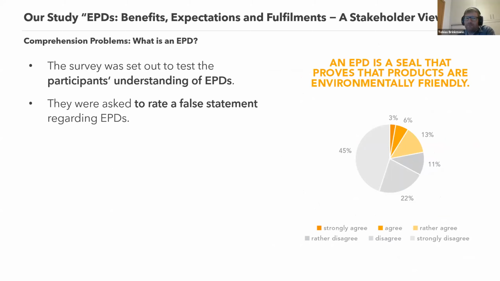And more than 24% agreed with this statement, which is a false statement. The EPD just shows the environmental performance of the product in a transparent way, but it doesn't say it's a green product. And so we see here that not all of the stakeholders really understood what the EPD is about.